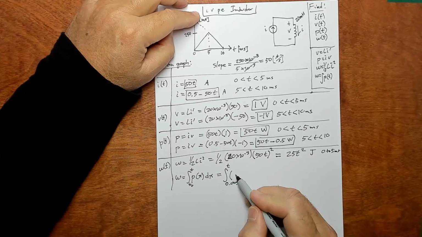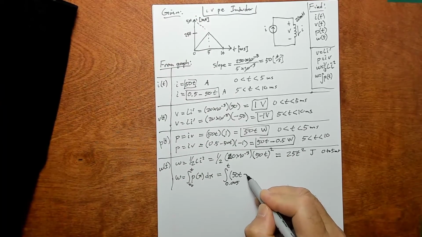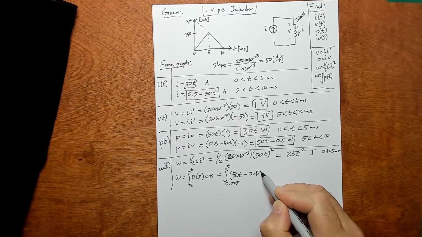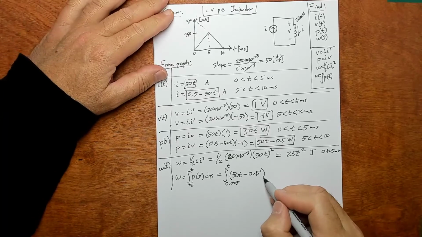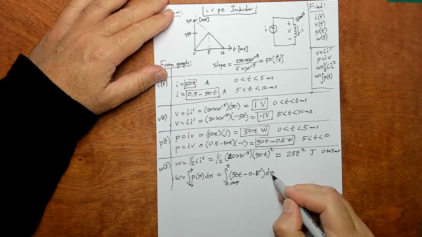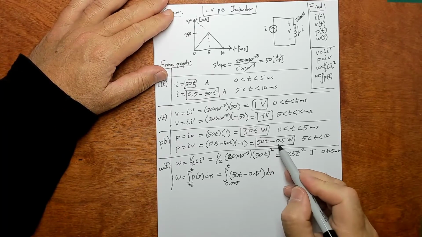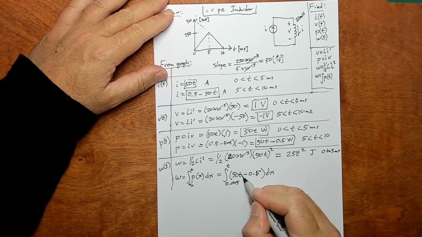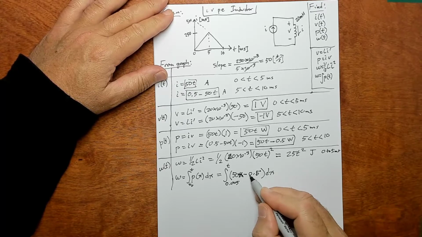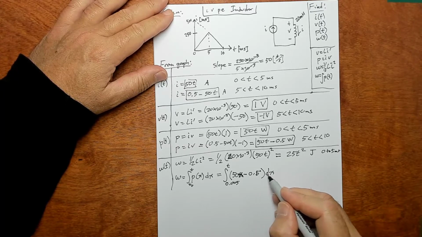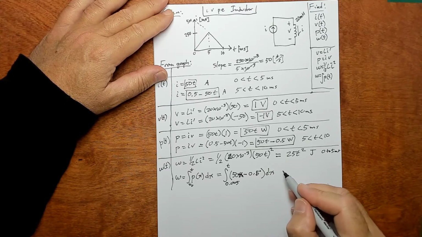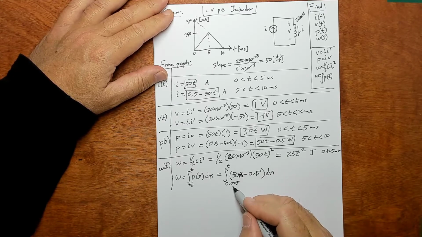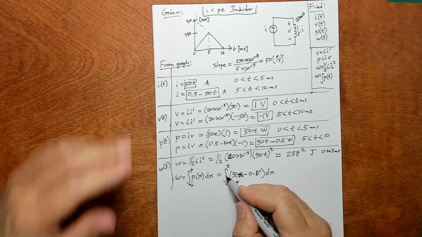So it's going to be 50t minus 0.5 dx. That's P of t, but I'm using P of x because I'm integrating. So I'm substituting. Oh, this should be an x: 50x minus 0.5 dx, integrated from 0.005 to t.